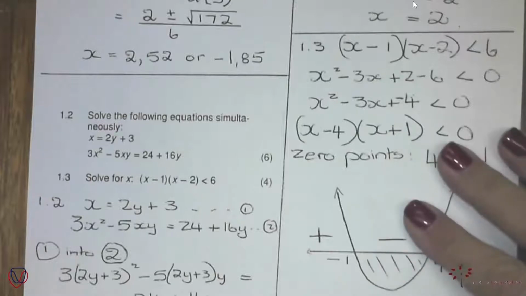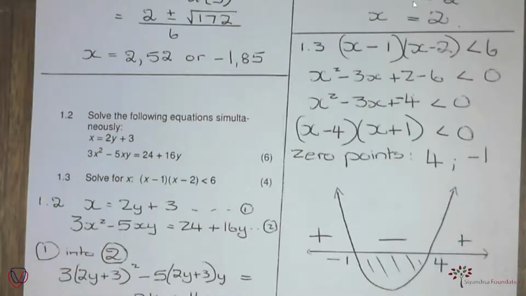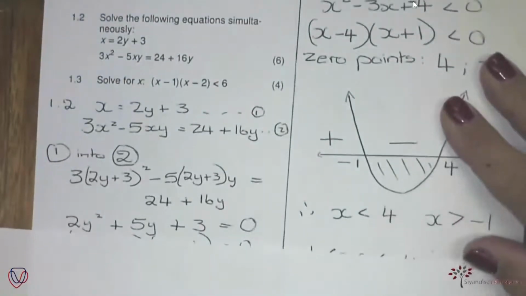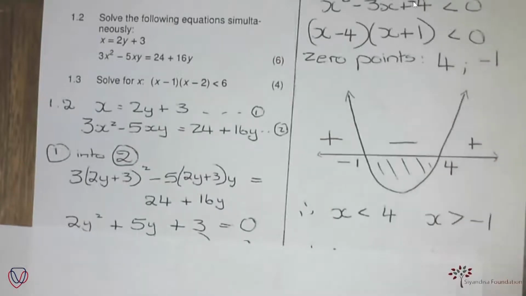Okay. So now we've got to remove those brackets and then put everything in standard form. After removing the bracket, I got a trinomial. Now I skipped that step because I don't want to waste time on sums that are very easy.